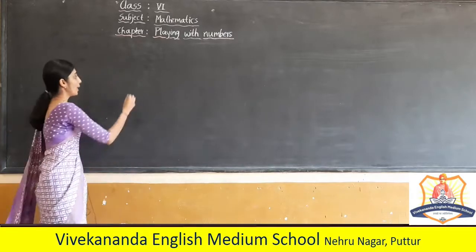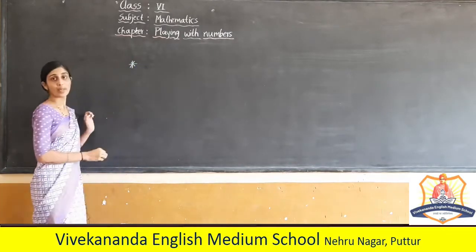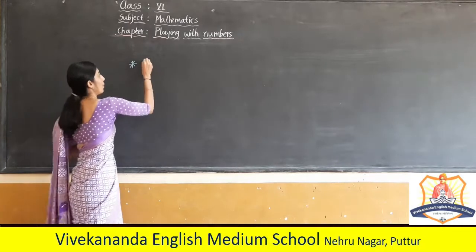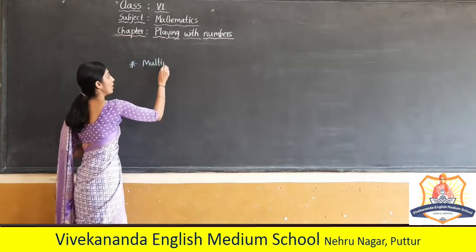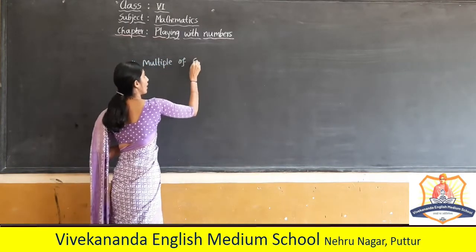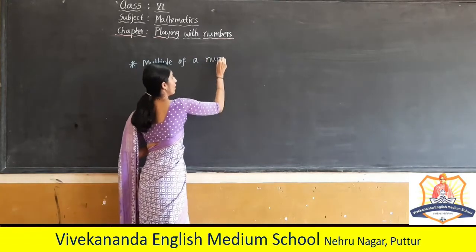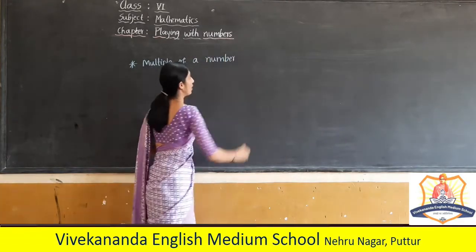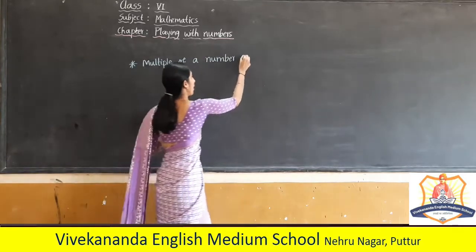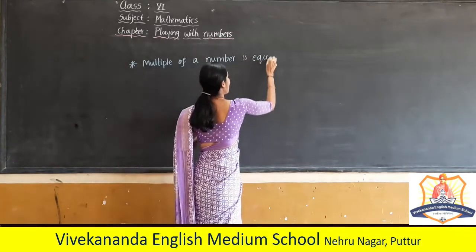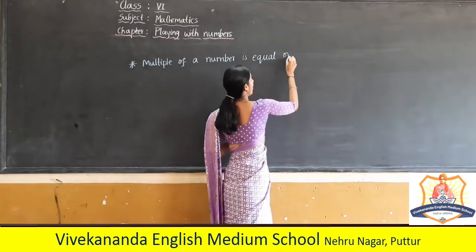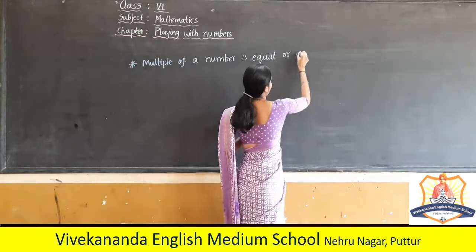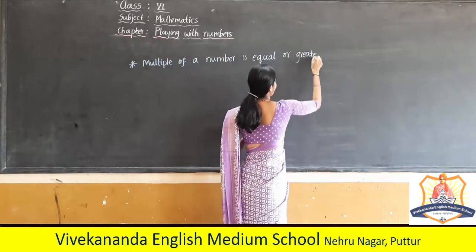Here, what are the points you should note down? Multiple of a number is either equal or greater than the given number.